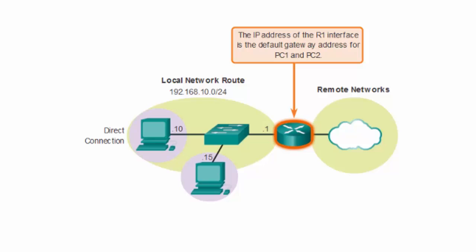If a host wants to route a packet to a remote network, it routes the packet through what we call the default gateway. The default gateway is a special interface on the router that's connected to this host, and it forwards the packets to the remote network by activating the routing table on the router.